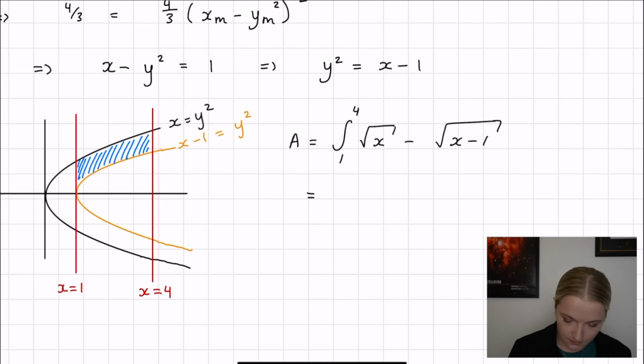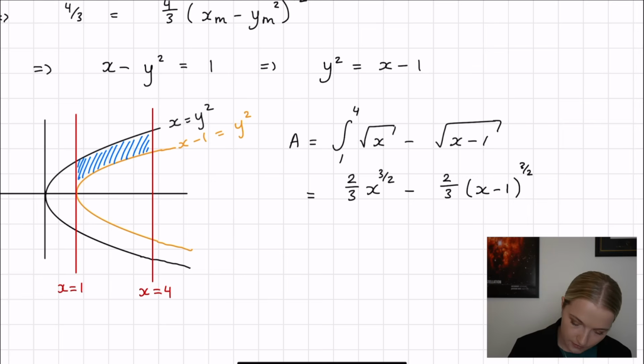Amazing. So let's calculate this. This is none other than 2 over 3 of x to the power 3 over 2 minus 2 over 3 of x minus 1 to the 3 over 2, between 4 and 1.